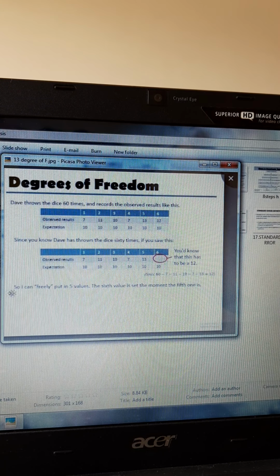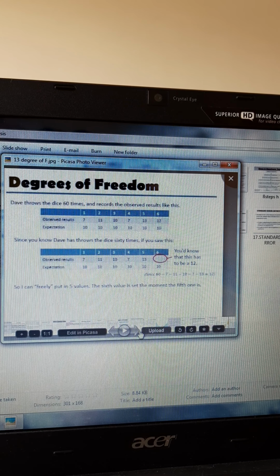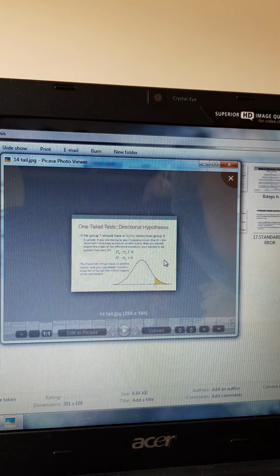So I can freely put the 5 values, but the 6th value depends on the 5th value. That is why n minus 1 is the degree of freedom. If you know that this has to be 12, that is the degree of freedom.